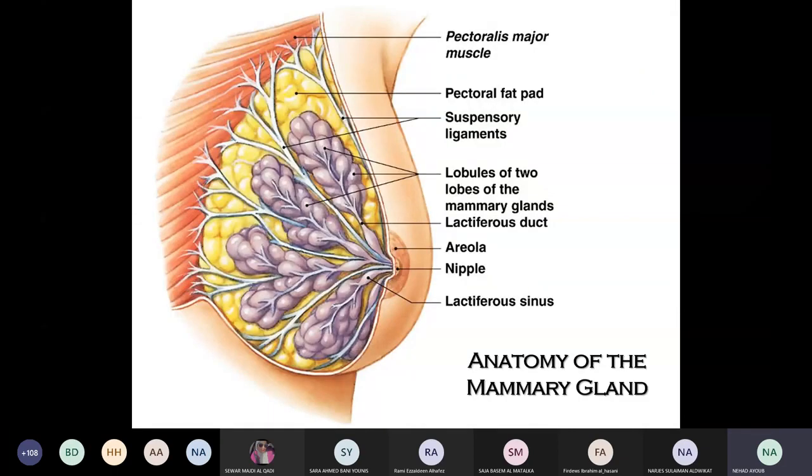carcinoma, a cancer cell that starts in the mammary gland. The mammary gland is a very hierarchical structure, an organ with a very special morphology.